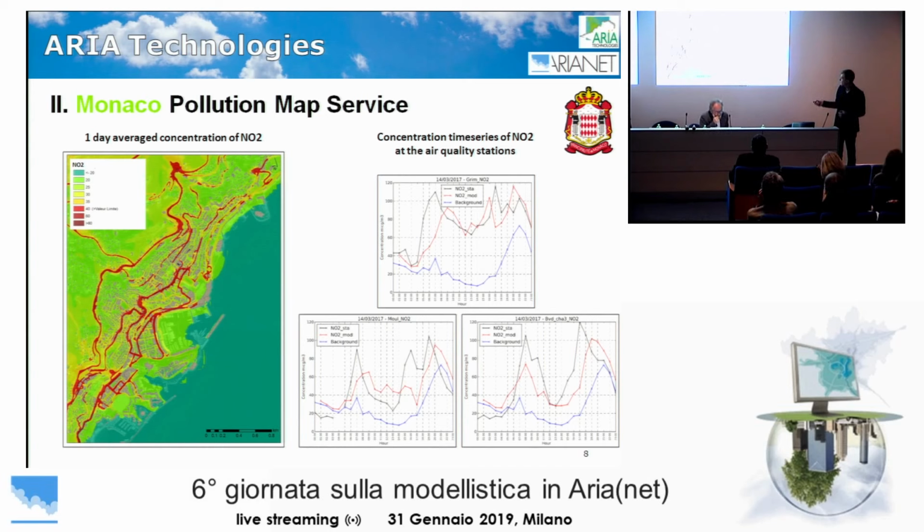This is a result by hour, and this is the typical map of concentration you get per day. This is the 1 hour average, and this is the 1 day average concentration of NO2.